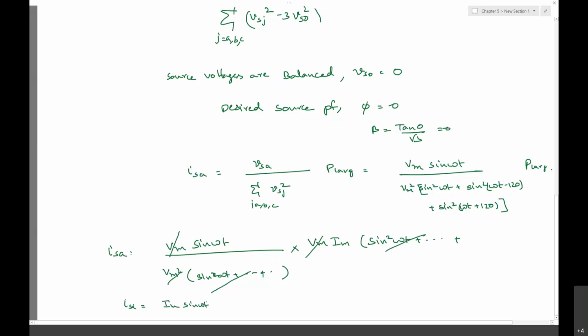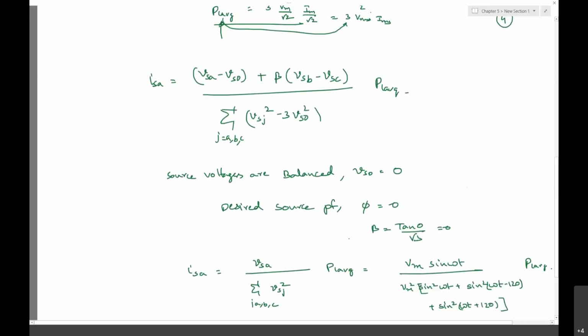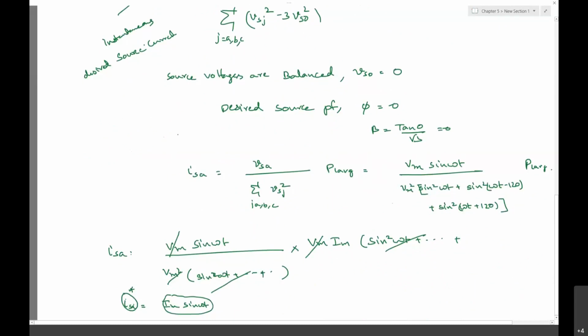Finally, what I'm showing is that ISA is the reference source current, the instantaneous desired source current, which is what we got here.